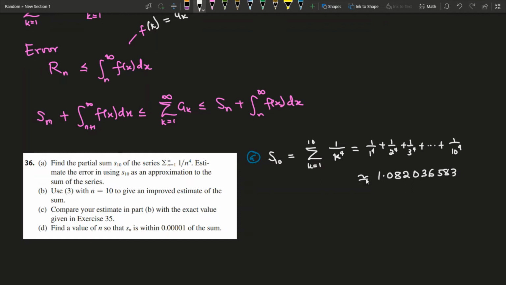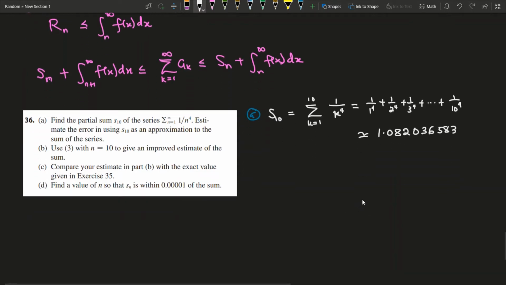I use the approximation sign because the calculator gives us an approximate value, right? Okay, that's the first part. And then it says estimate the error in using Sn as an approximation to the sum of the series. So it's simply asking us to find a bound for Rn.